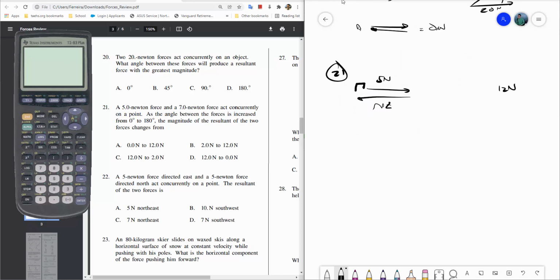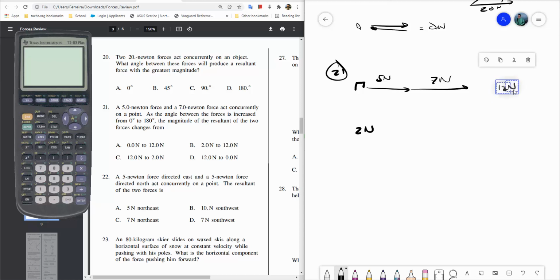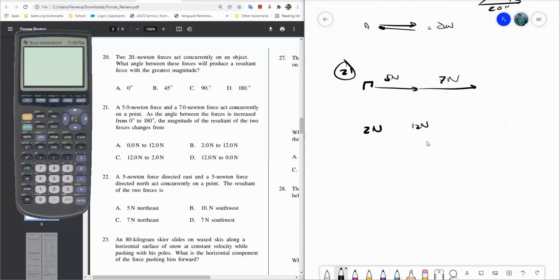That is going to be 2 newtons. So you can go from 2 newtons, which is the smallest resultant you can get if you try to completely cancel each of these out, to the largest resultant, 12 newtons. So this is your range, 2 to 12 newtons.